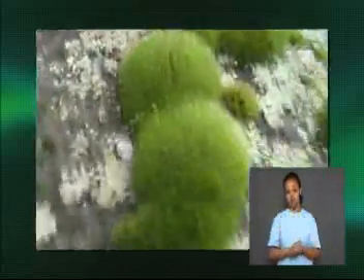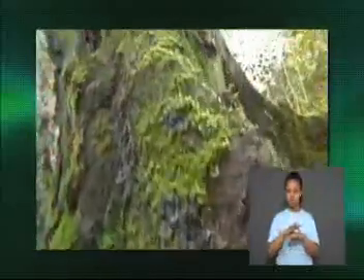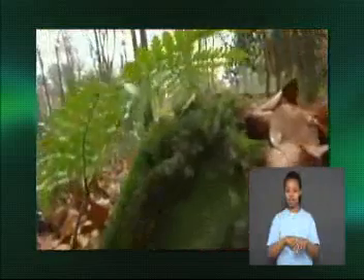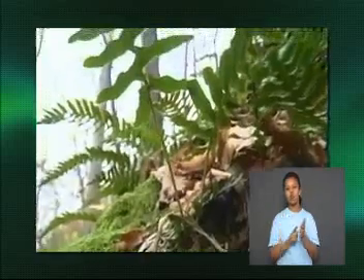The conditions on bare ground favor pioneer plant species. These are often species which grow best in conditions where there is little competition for space and resources.